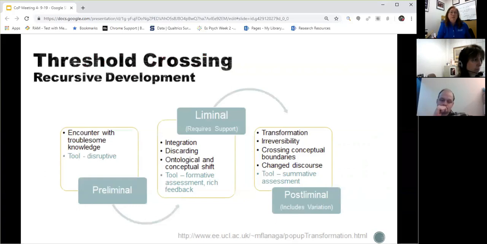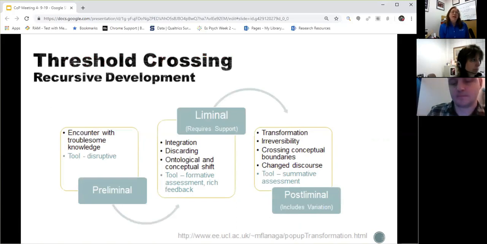Then, moving forward in this liminal stage, they're moving between the threshold, they're starting to cross the threshold, they're not quite there yet. They're really trying to get rid of what they've known and their conceived notions.